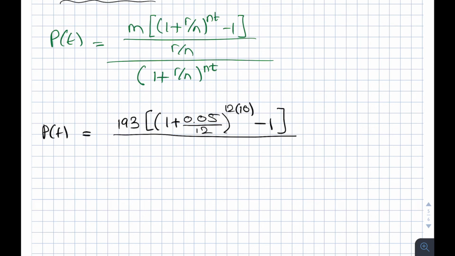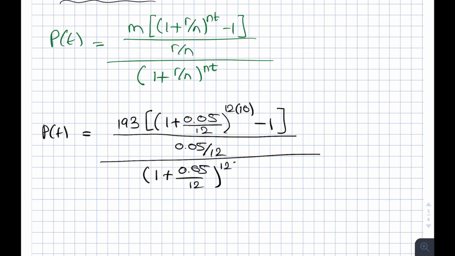And all of that is divided by 0.05 divided by 12. And then I'm going to divide the entire thing by 1 plus 0.05 divided by 12 raised to the 12 times 10.